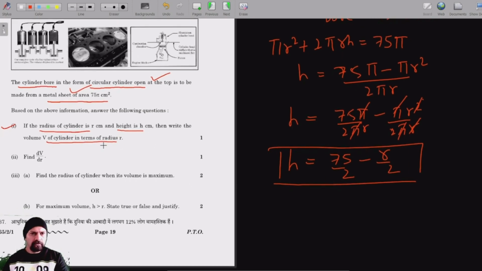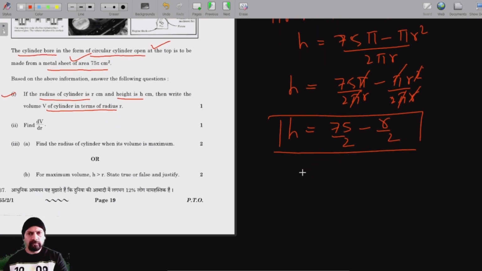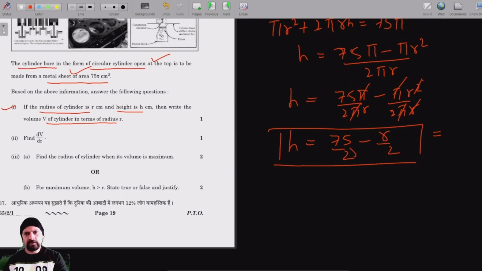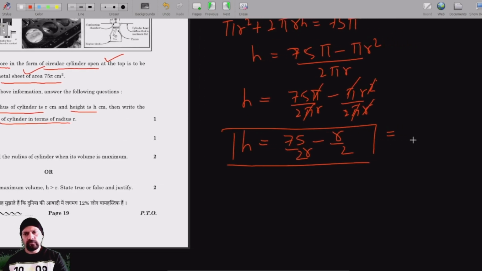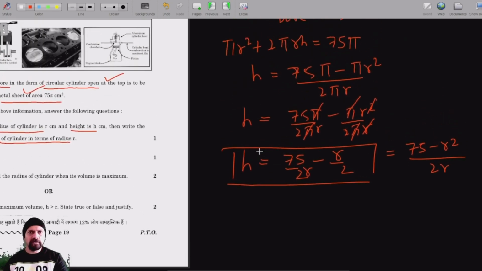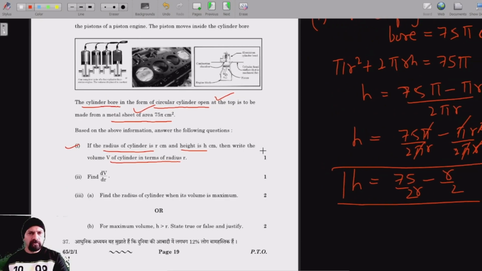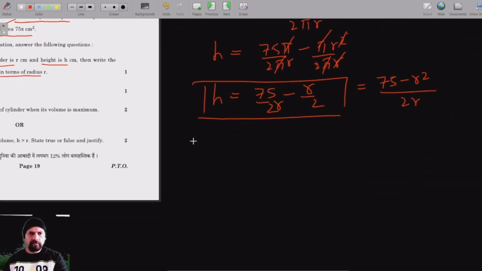Let's try to get the volume in terms of radius r. So I can also write it with 2r as the LCM: 75 minus r square upon 2r is the height. Now, the volume of the cylinder in terms of radius r, we know that it's pi r square h.